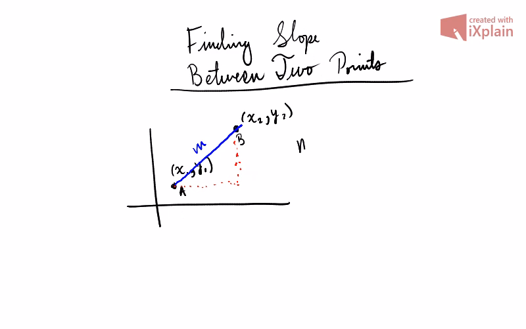So, slope is equal to the change in Y over the change in X, which is conveniently the difference between the two Y points and the difference between the two X points, or the X pairings, between point A and point B. Essentially what I'm saying is I've got the Y value at point B, which is my finishing point, minus my Y value at point A, all over my X value at point B, or my final point, minus my initial X value.